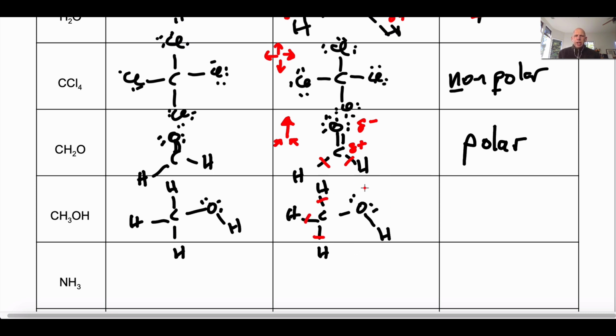So when you look at the dipole arrows, they're happening right here. O is pulling harder than H in this direction, and O is pulling harder than C in this direction. So this molecule is not going to cancel out, because this is a bent region. O is pulling harder, so it's got the partial negative, and the others partial positive. This molecule is polar.